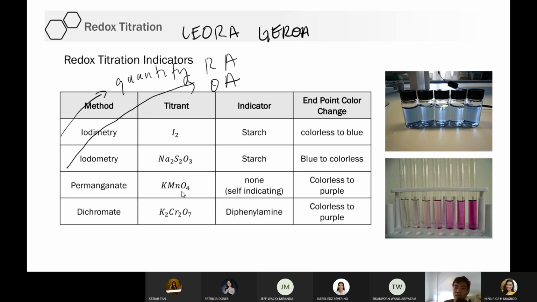This chemical is very sensitive to light. It will start to degrade when exposed to light. That's my experience with this one. This is a very fun titration because you are titrating in darkness.